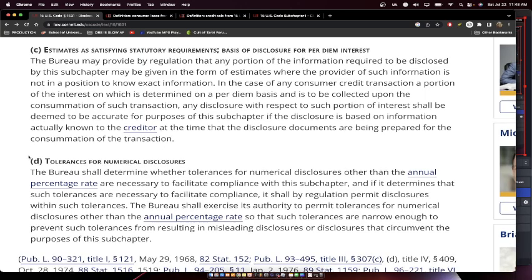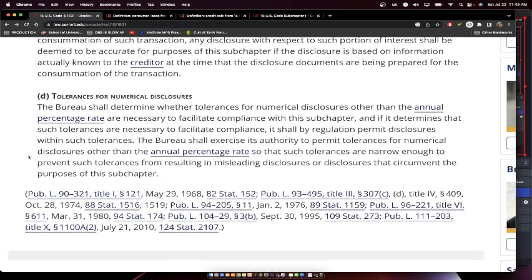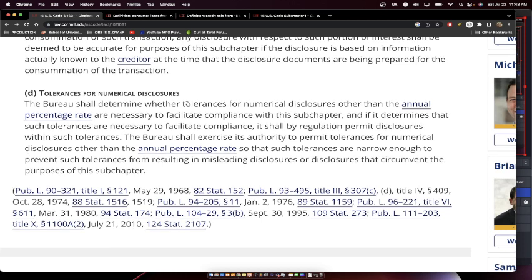D. Tolerances for numerical disclosure. The Bureau shall determine whether tolerances for numerical disclosures other than the annual percentage rate are necessary to facilitate compliance with this subchapter, and if it determines that such tolerances are necessary to facilitate compliance, it shall by regulation permit disclosures with such tolerances.